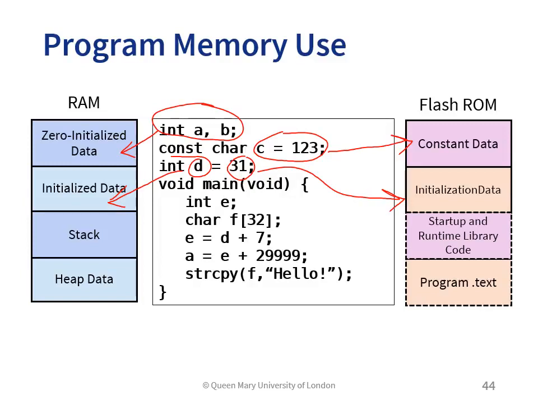E is an automatic variable. It has the scope within the main function. So we're going to allocate this variable in the stack. We also call that automatic variables. Similar to the array, it is only 32 characters represented by the name F, and we can also allocate that directly in the stack.